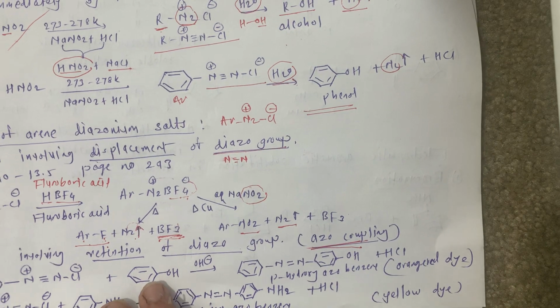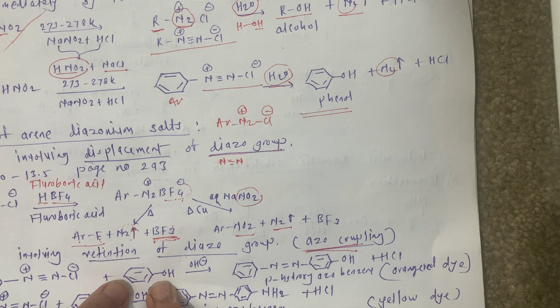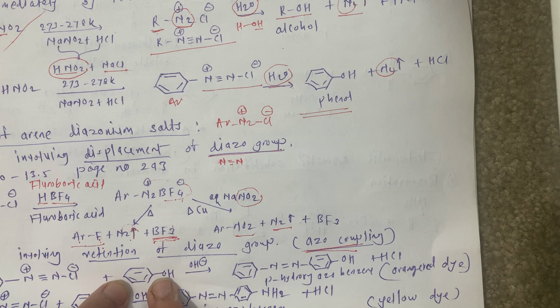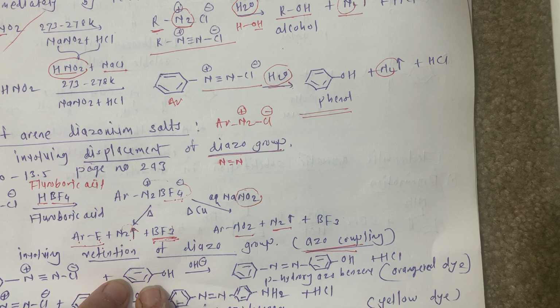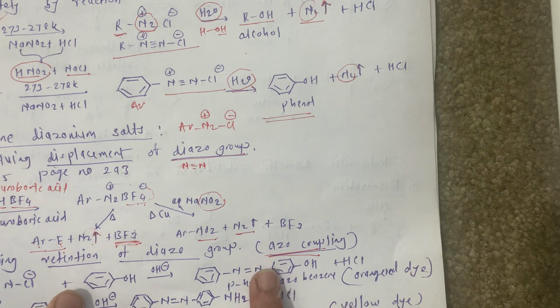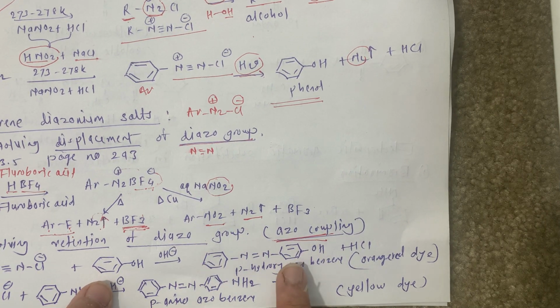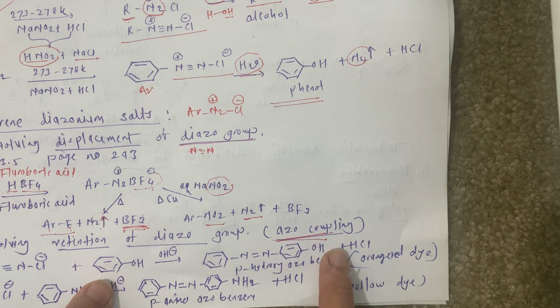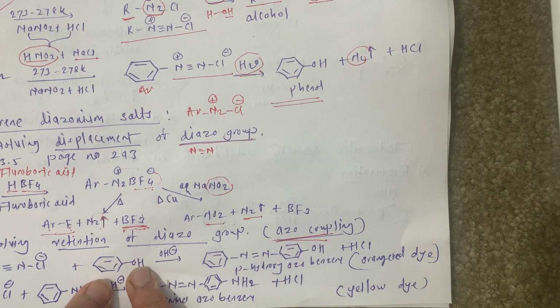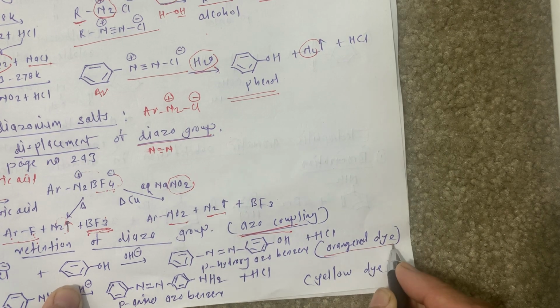Before that, we studied this reaction as a laboratory test, and instead of phenol we use beta naphthol. And we get orange red dye, which is also part of our practicals. Okay, same reaction with beta naphthol or phenol, and we get here orange red dye.